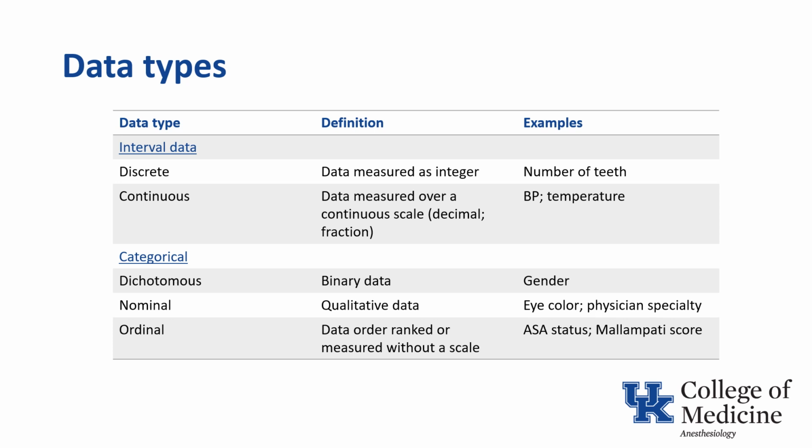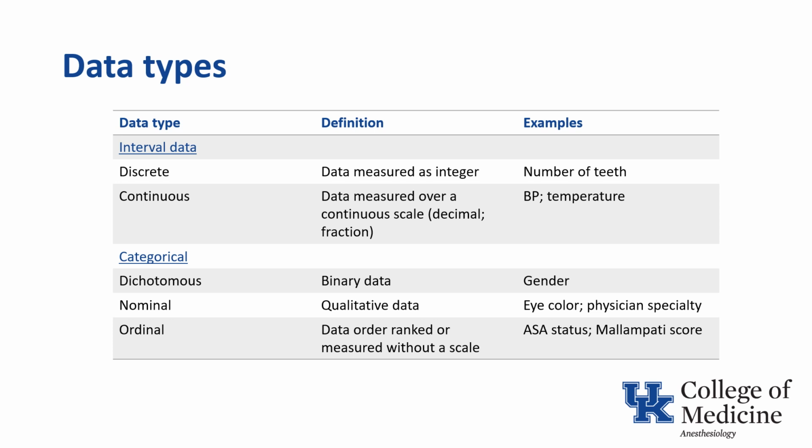One of the most important aspects of statistics is our ability to recognize the type of data that we collect. And it's very important to know so that we can assign these data to the correct types, which will allow us to use the appropriate statistical method to analyze these data. Broadly speaking, you can divide these data into two types: interval data and categorical data.